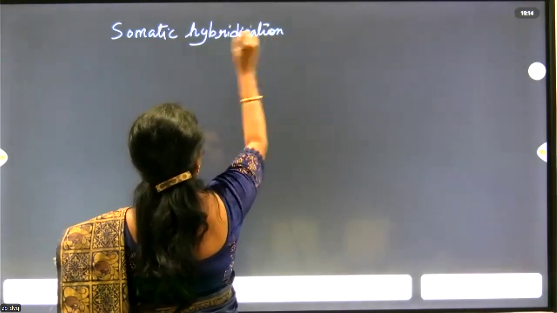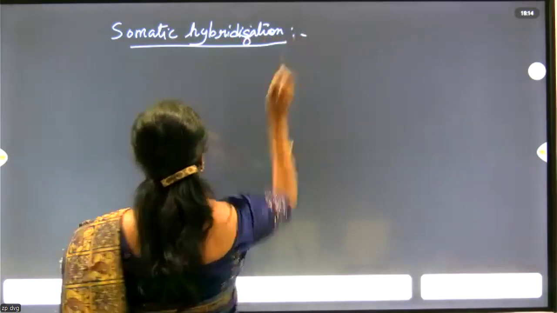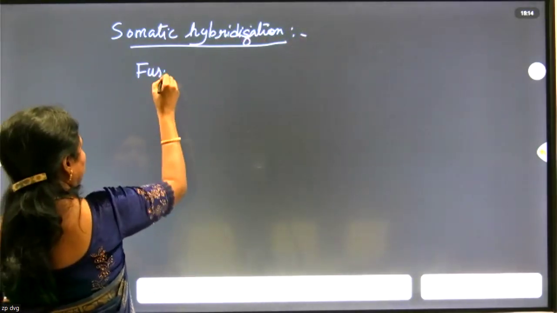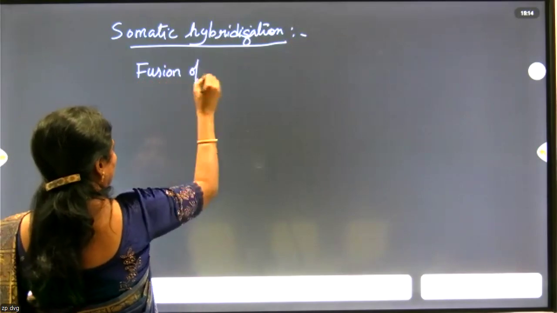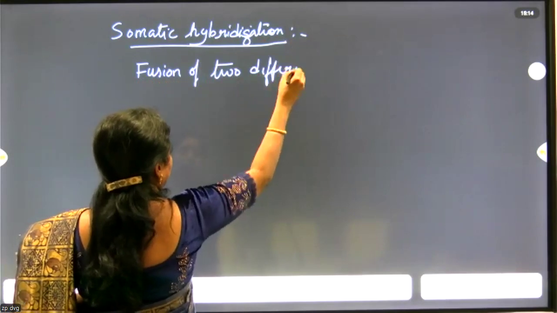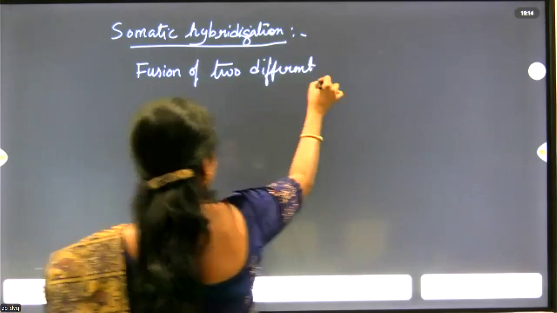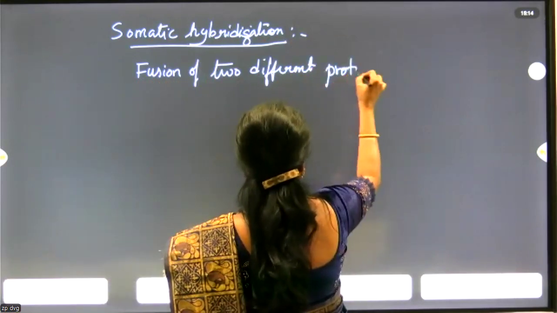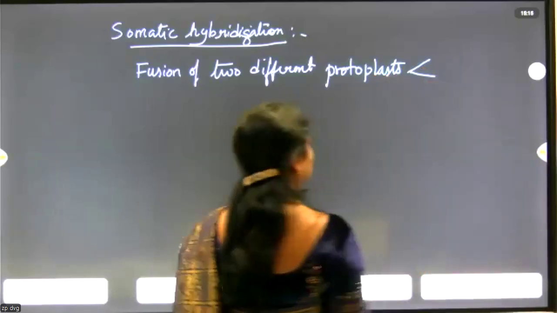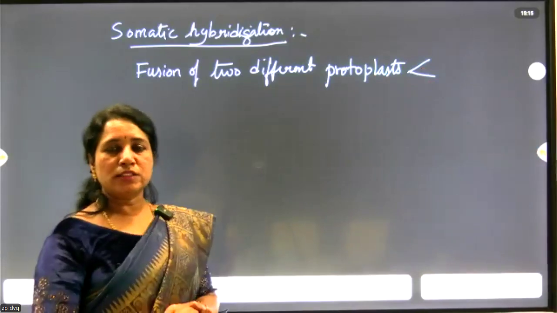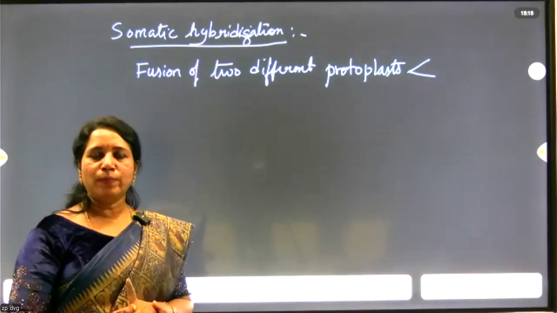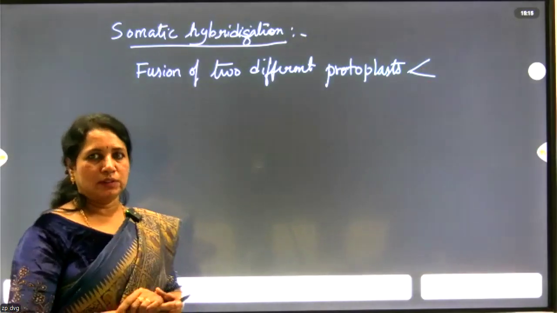Somatic hybridization. So what is somatic hybridization? This is the method of fusion of two different protoplasts taken from two different plants with the desired characters, and you obtain one plant with the two products.